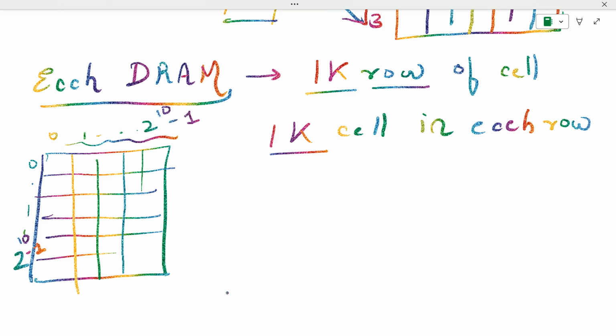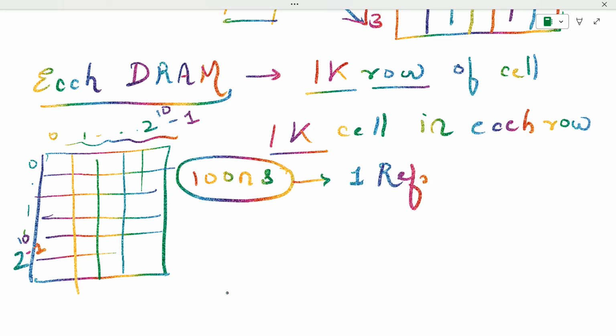Now for refreshing all these cells, the time required for a single refresh operation is 100 nanosecond. So 100 nanosecond is required for one refresh operation. Now one refresh operation is performed for one cell only.